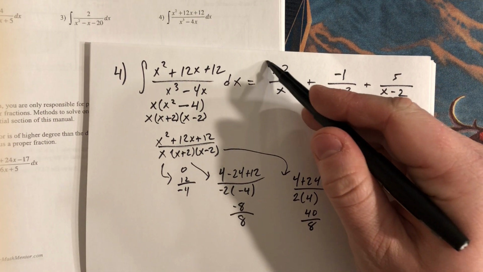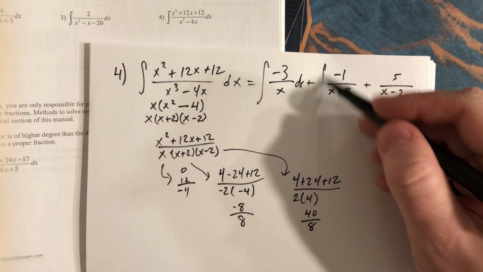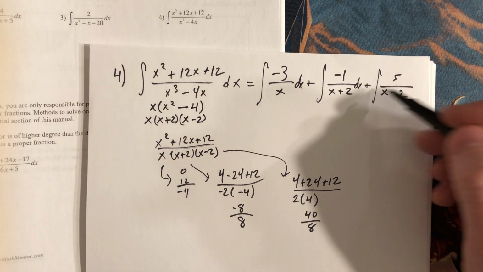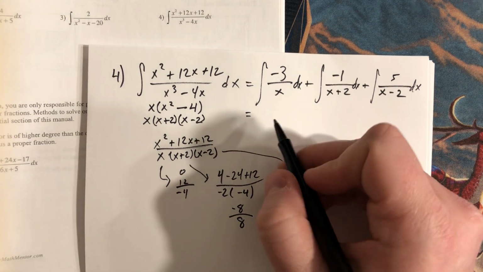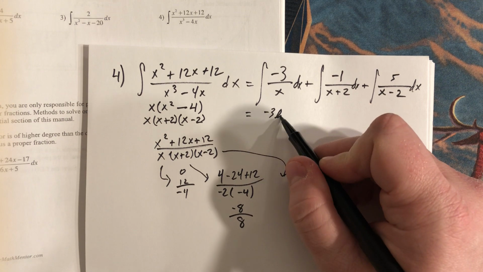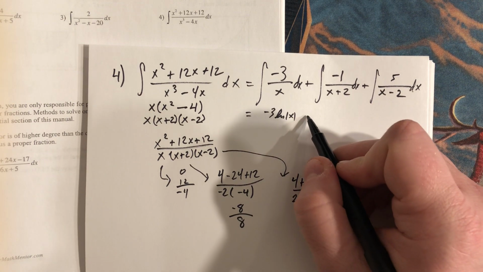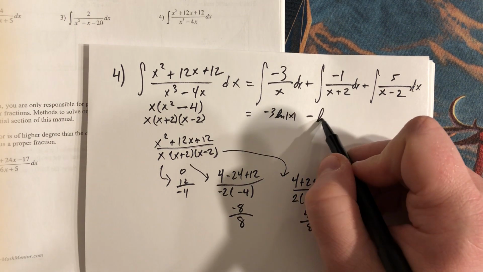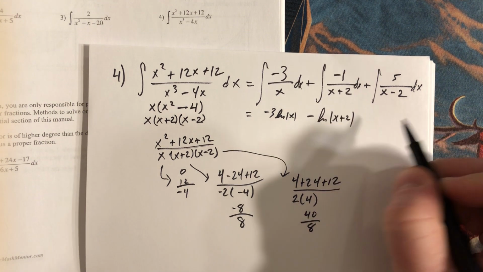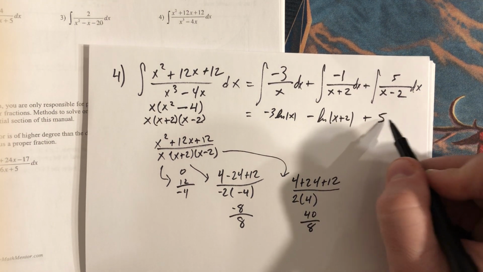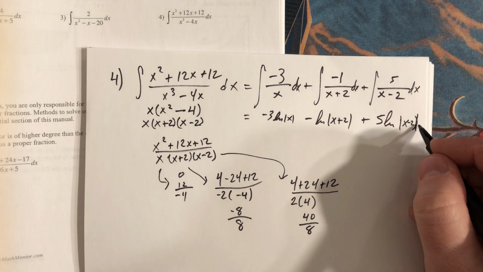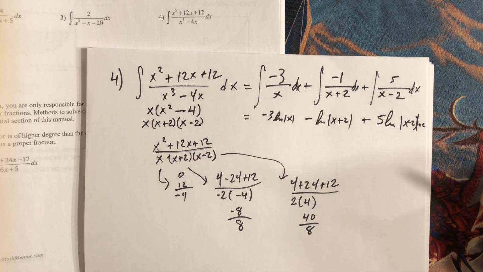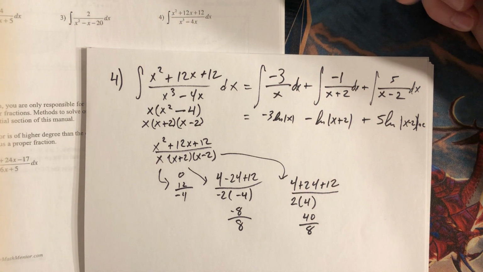And so now we have these three separate integrals that we can break this up into. Three separate, all equally easy. Negative 3 ln absolute value of x, minus 1 ln absolute value of x plus 2, plus 5 ln absolute value of x minus 2. Oops. Then plus c. And hooray. Cool.